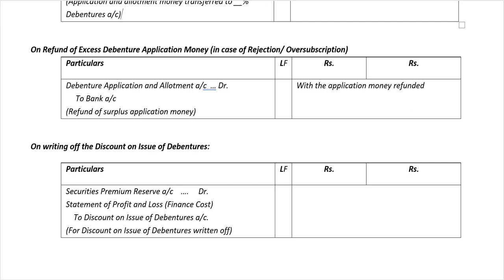Where there is a balance in securities premium reserve, we will debit securities premium reserve and utilize it for writing off the discount on issue of debentures. For any balance amount which is still to be written off, we will debit statement of profit and loss, finance cost. So these are the journal entries that need to be passed when debentures are issued at discount and the amount is payable in lump sum.